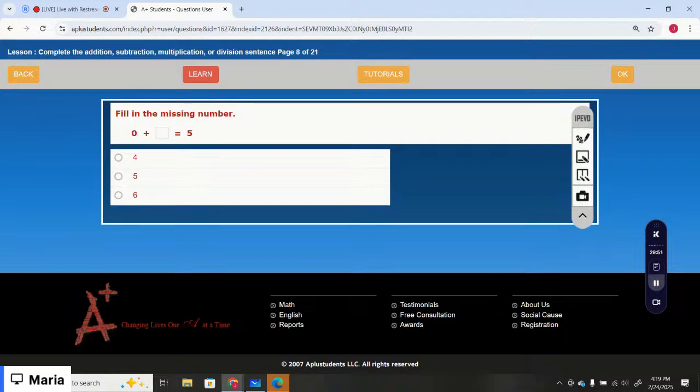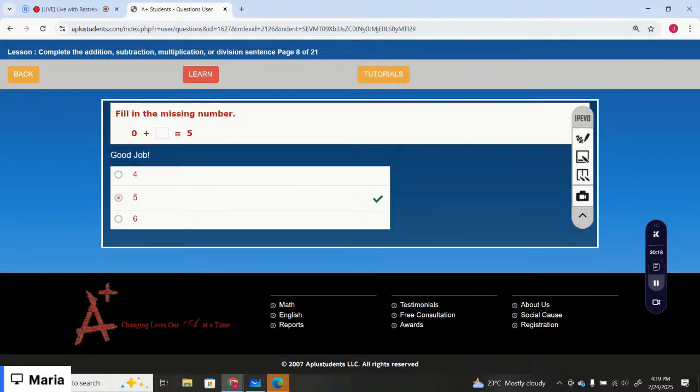Fill in the missing number. That is 0 plus 5 equals 5. Option number 2 is the correct option.